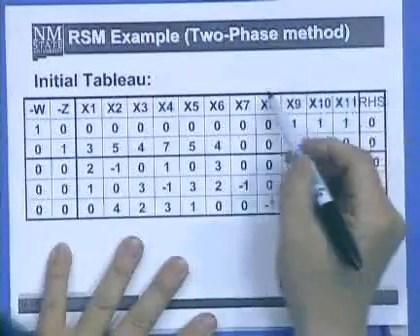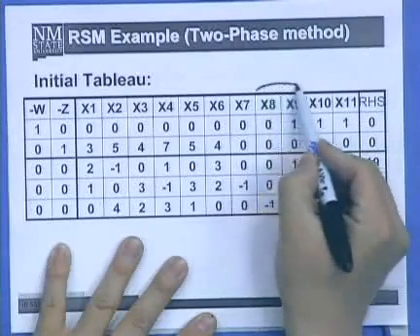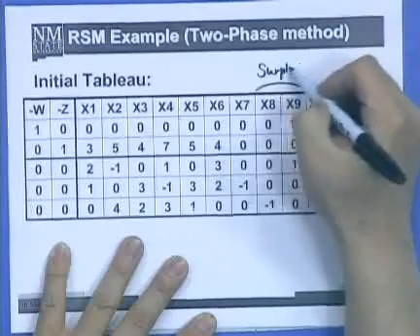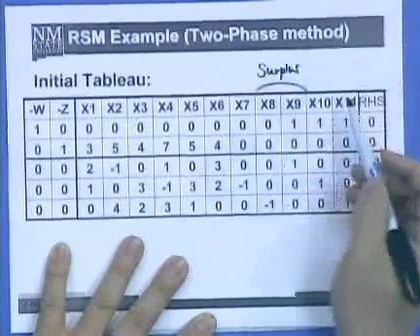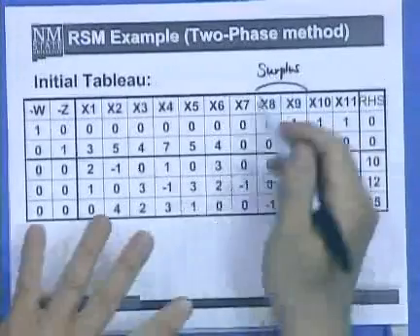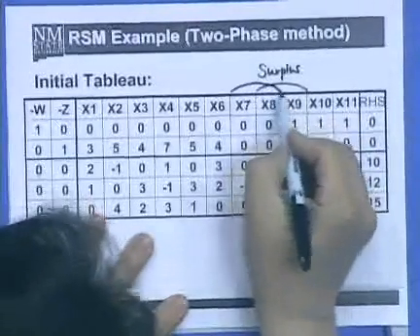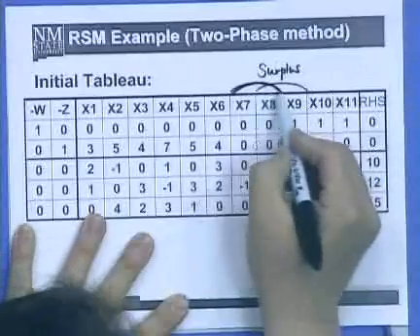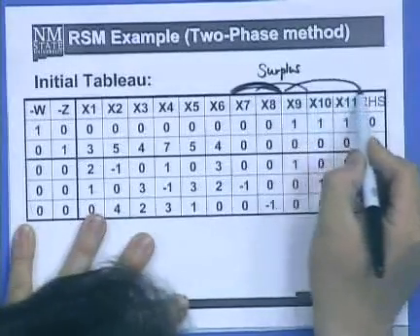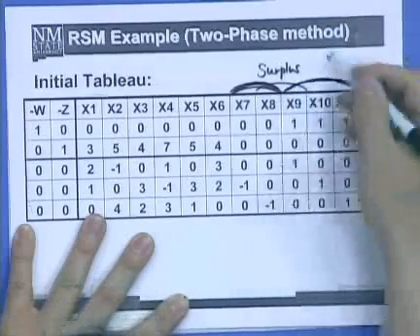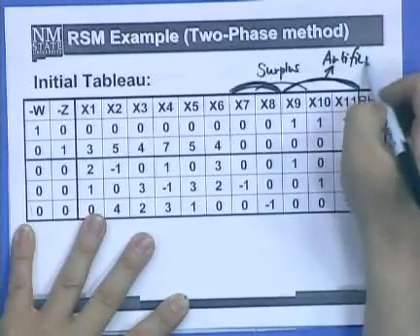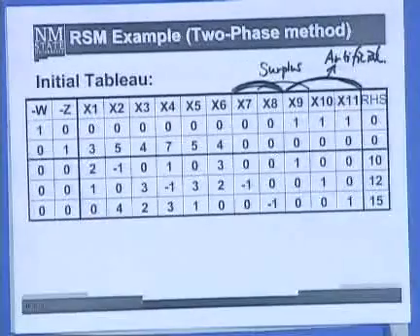And in here, x8 and x9 are the surplus variable. No, 7 and 8, right? Thank you. Okay, so 7 and 8 is the surplus variable, and x9, 10, 11 are the artificial variable, right?